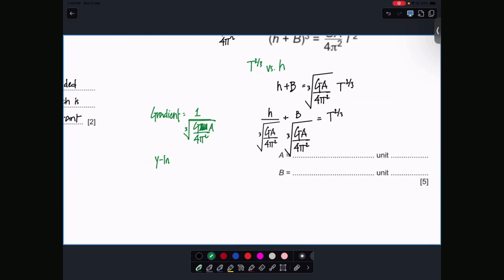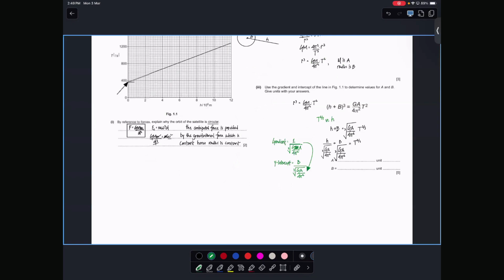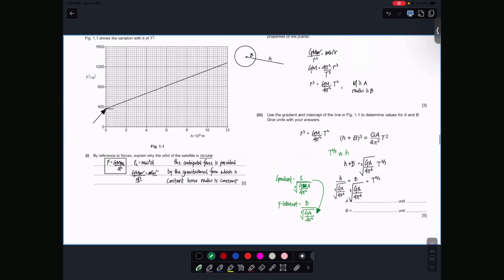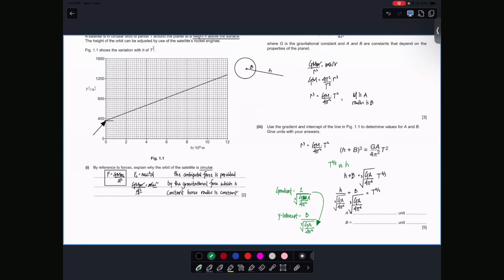Yes, y intercept is equal to B divided by the cube root of G A divided by 4 pi square. From here we take this and put it here. It seems like the planners give such questions, giving an equation with many patterns. You get my point? So yes, this was the most recent paper.